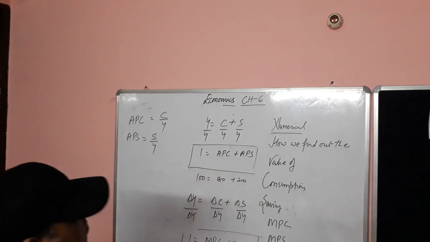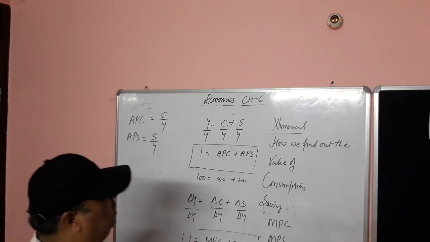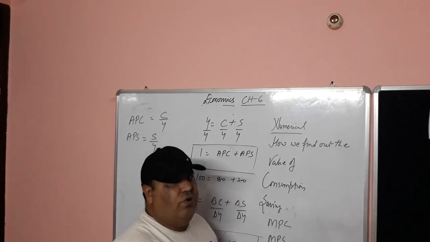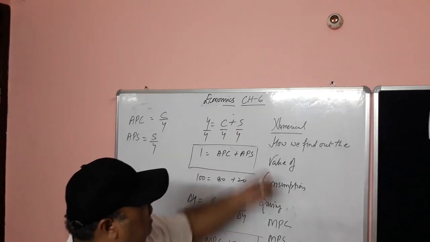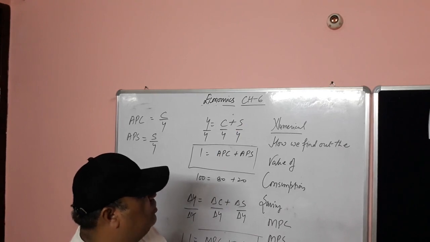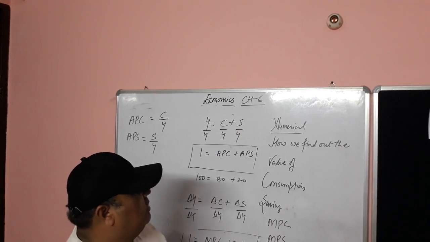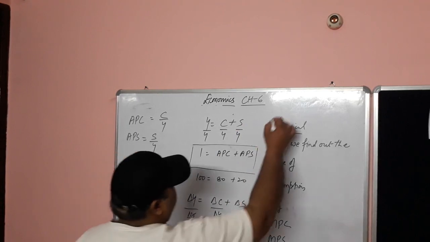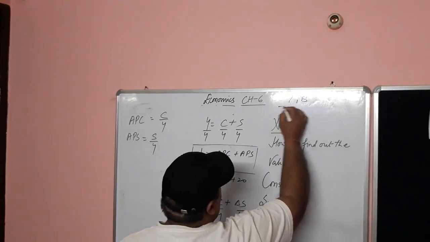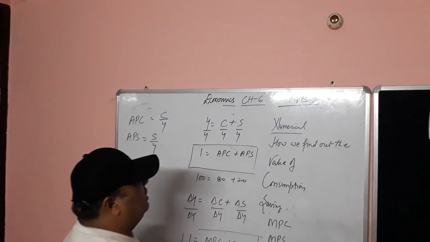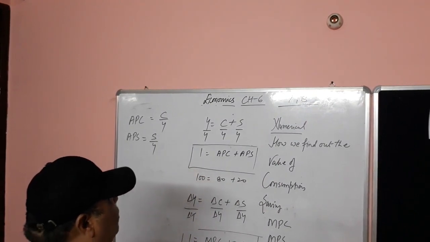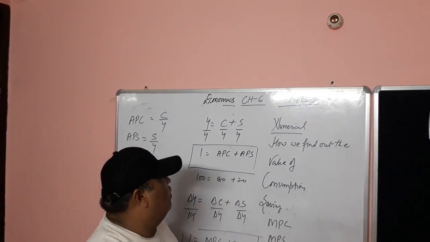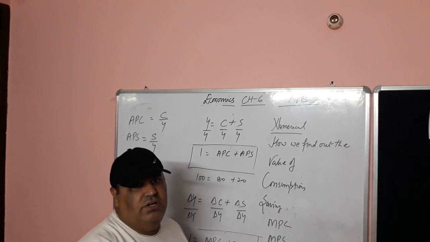So these are some points which students are required to recall, and one by one we solve the questions. The complete chapter is based on the numerical portion, and the 6th, 7th and 8th chapters are all interrelated. So that's why there is a requirement to focus on this particular chapter.